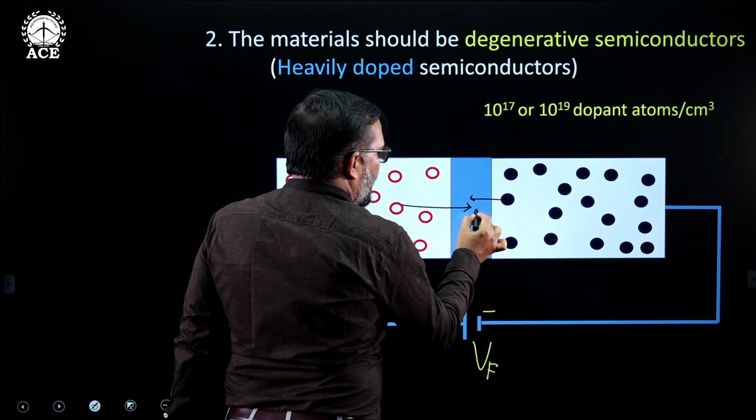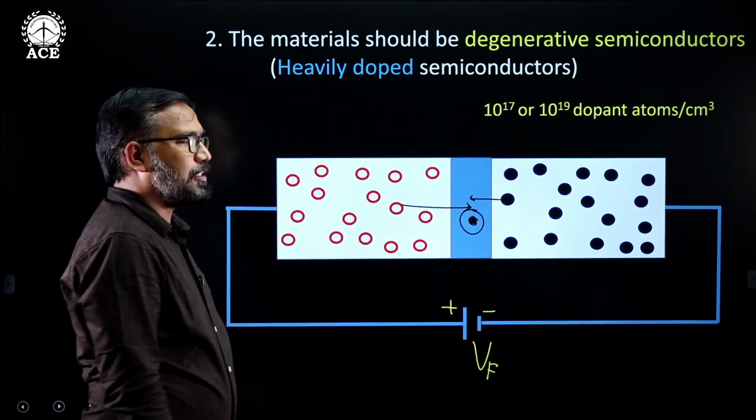The electron will recombine with the hole at the junction.